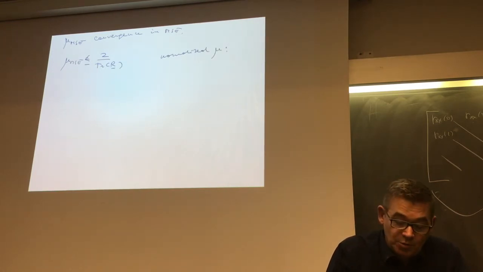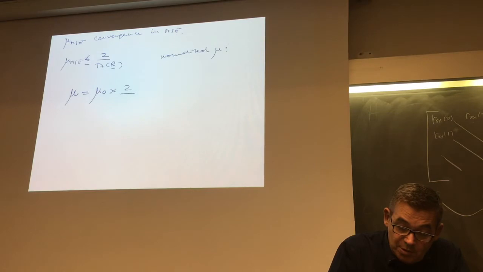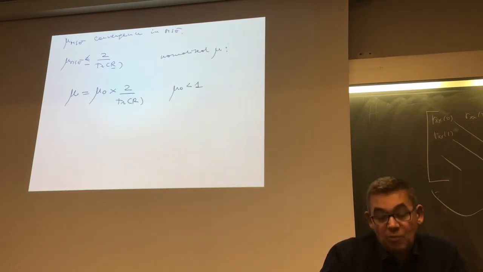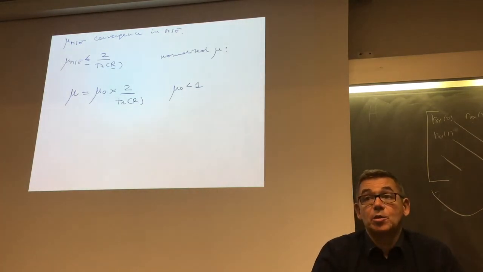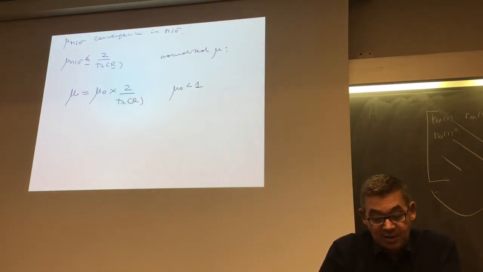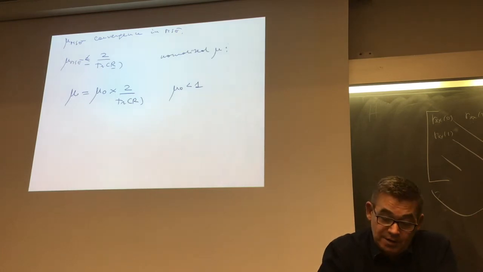We choose mu as mu0 multiplied by 2 over the trace of R, such that mu0 is smaller than 1 in the code. If I choose mu fulfilling this condition, with mu0 smaller than 1, it converges in the mean square.